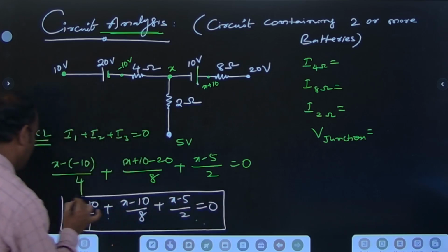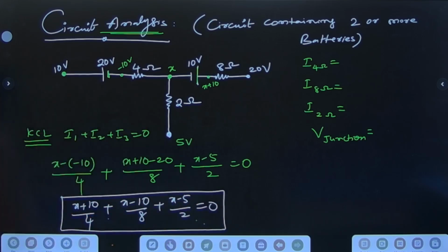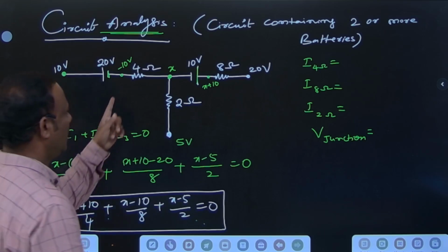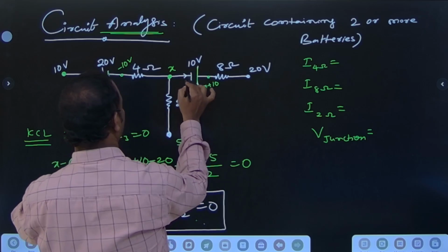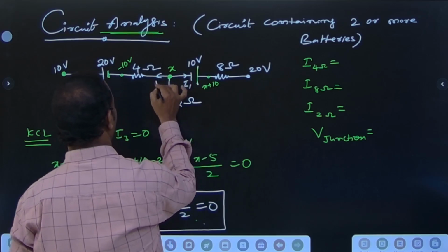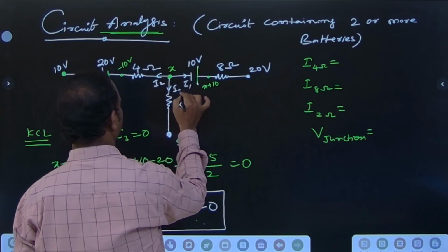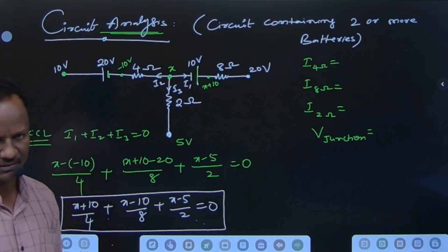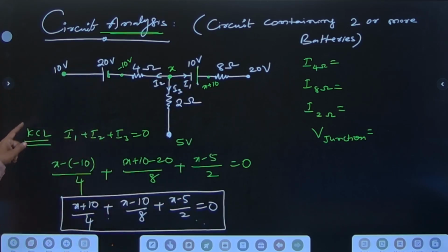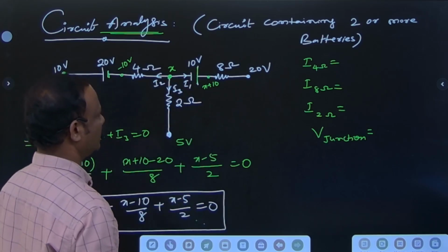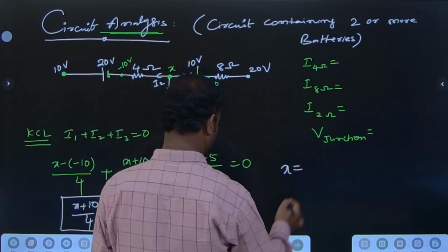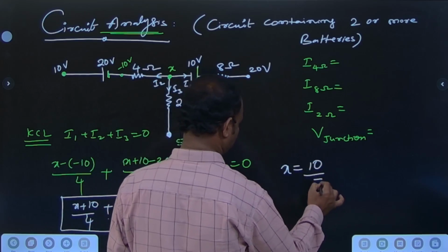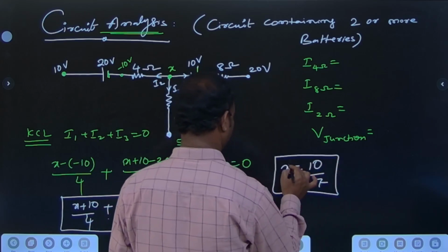We can take the value of X. While taking the LCM on this, we will get the value of X. After getting X, we will get the current in this: I1, I2, and next I3 can be calculated. That is the method, how to use the KCL. You will get X is equal to 10 by 7.